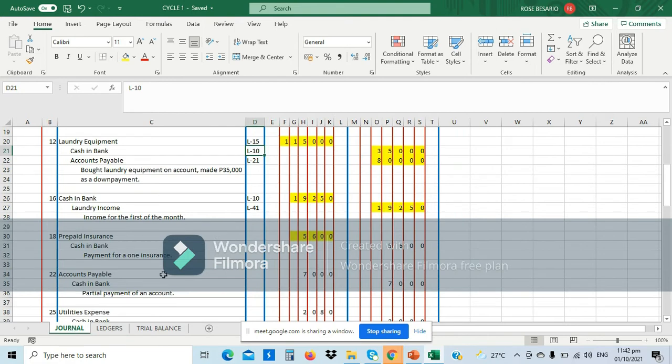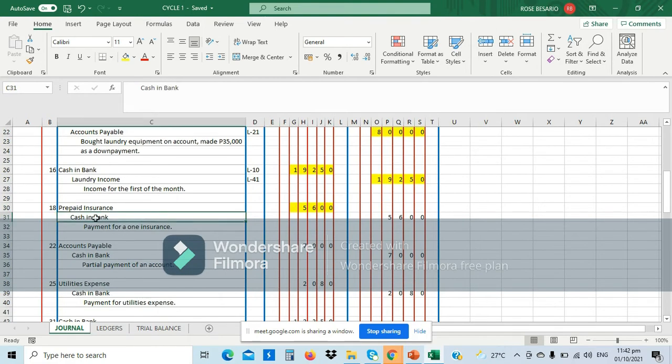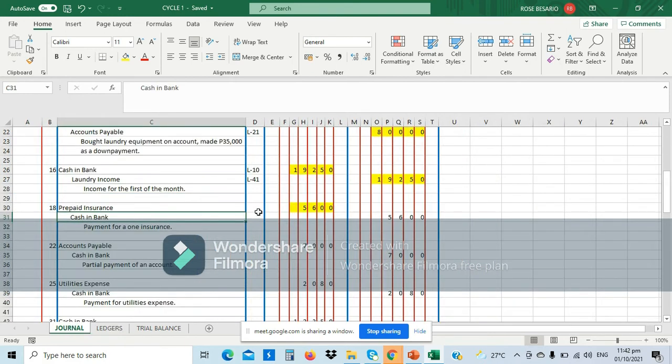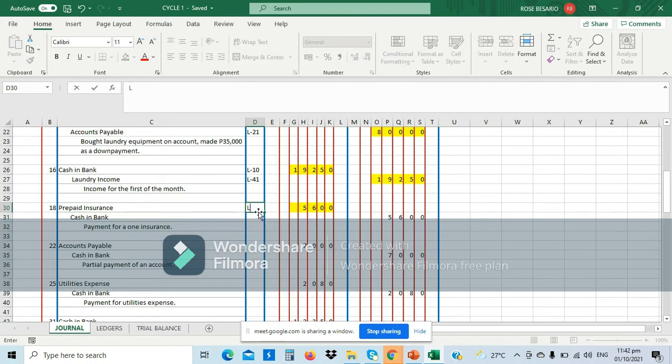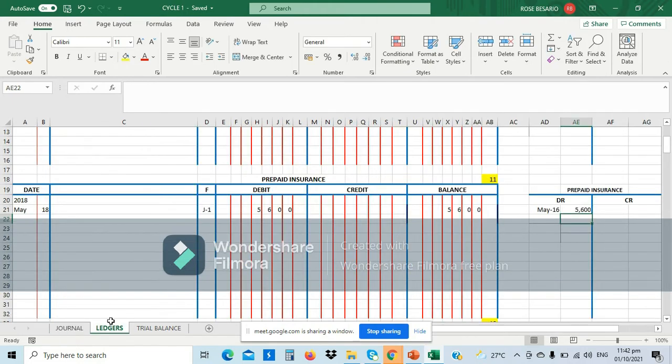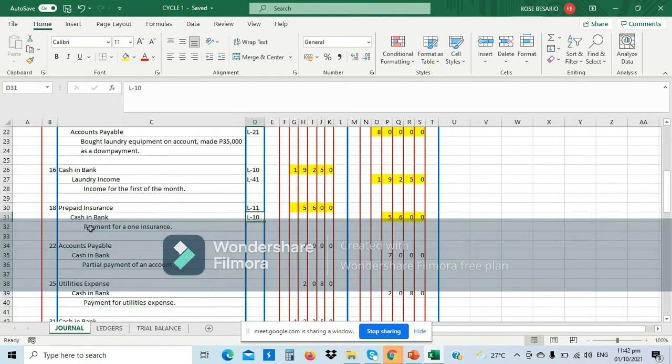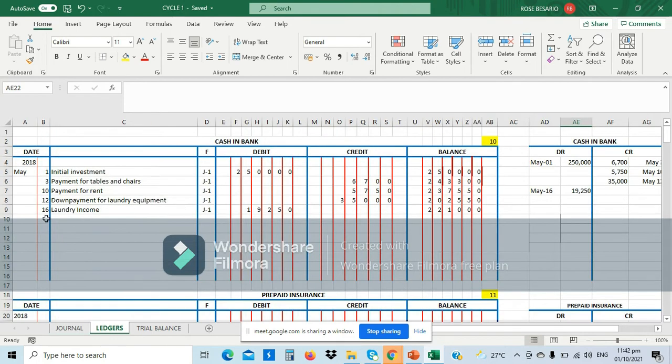Okay, so then we have a credit to cash in bank. So this is forwarded to prepaid insurance L11. Then your cash in bank 5,600 credit. So proceed to cash in bank. So this is L-10, 5,600. So this is payment of insurance, prepayment of insurance.